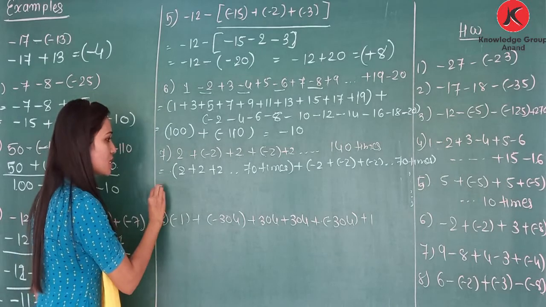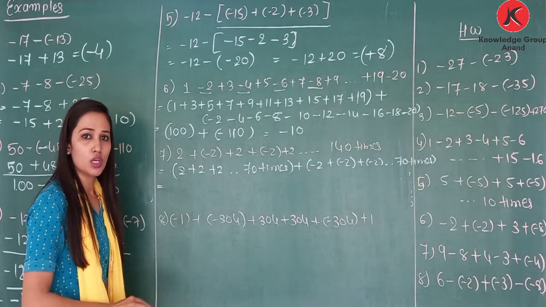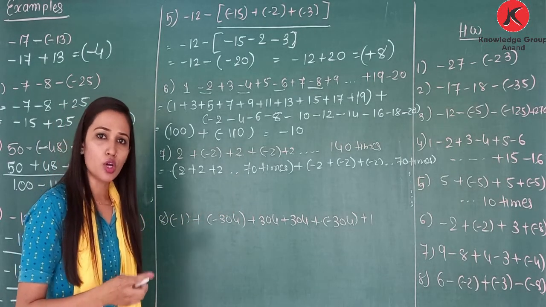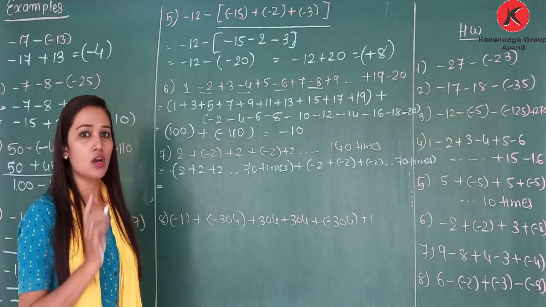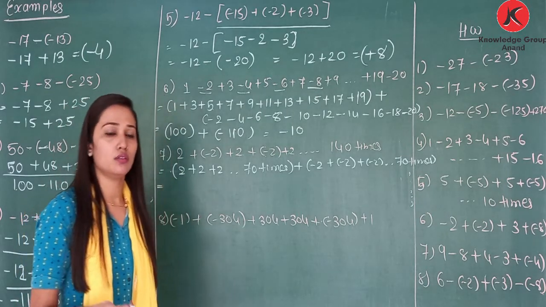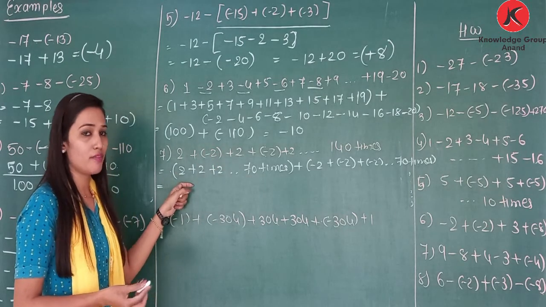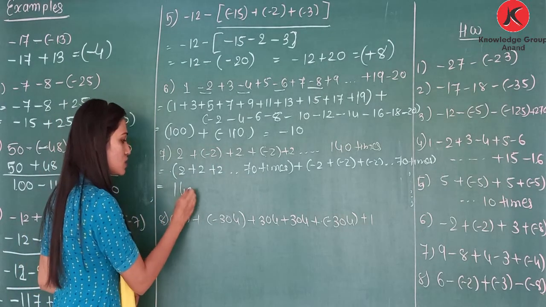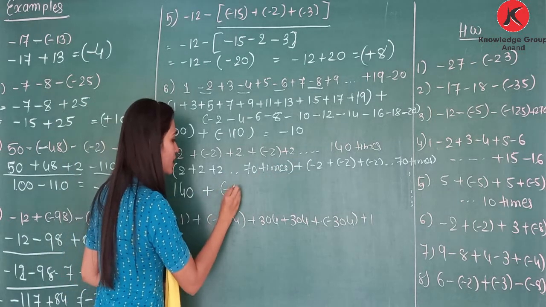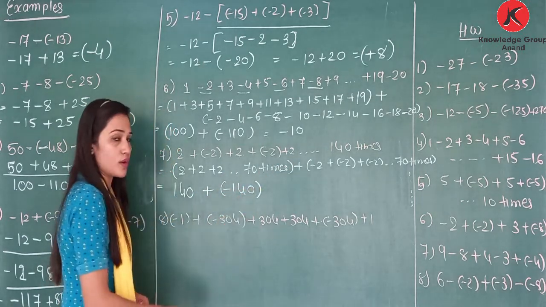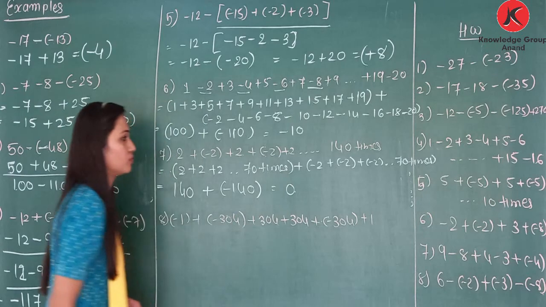So what will be the sum of 70 times 2? 2 times 2 will be 4, 2 times 3 will be 6, 2 times 4 will be 8, same way 70 times 2 will be 140. That is positive and this will be negative. So the answer will be 0, option C.